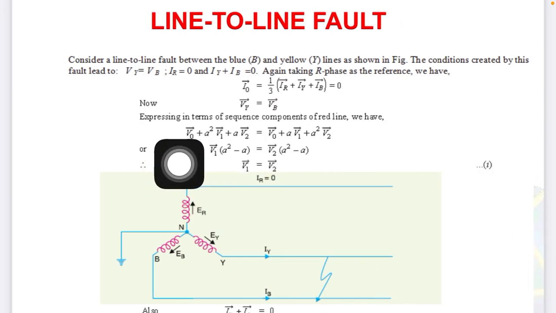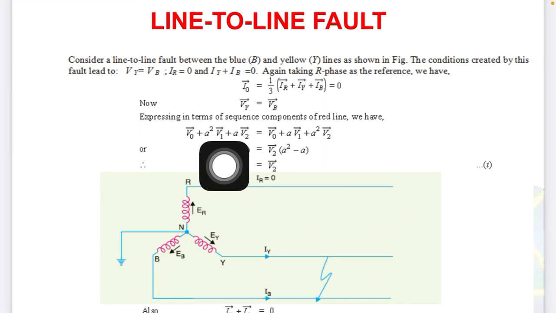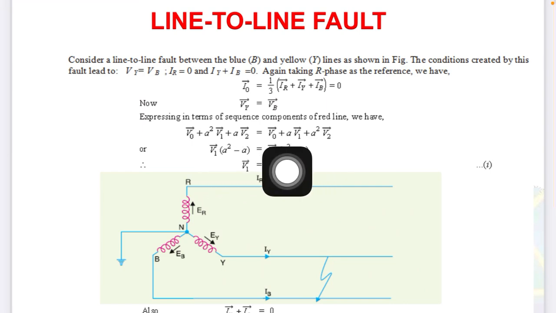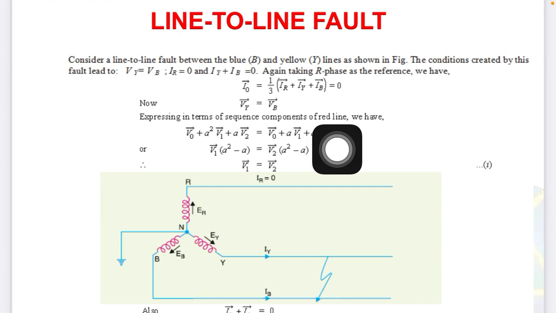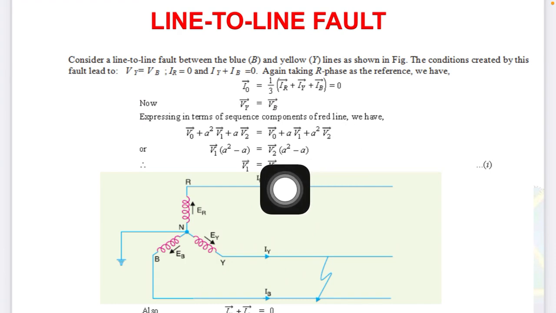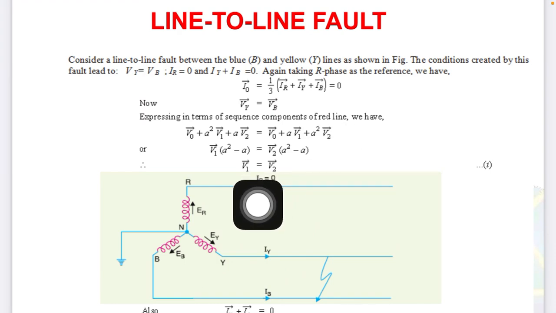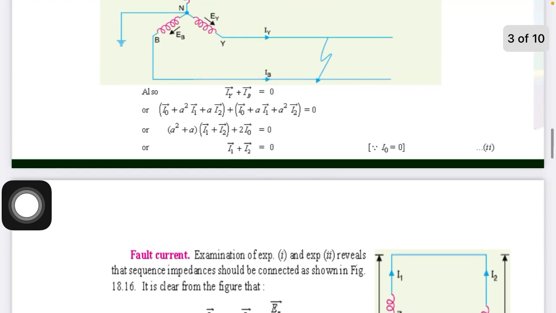Now we know that V0 is equal to 0. Moving V1 from right hand side to left hand side, it is a square V1 minus a V1, so V1 times a square minus a. Similarly V2 moved from left to right gives V2 times a square minus a. So we can say in this condition V1 is equal to V2.